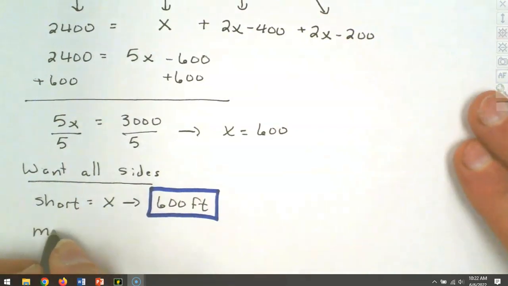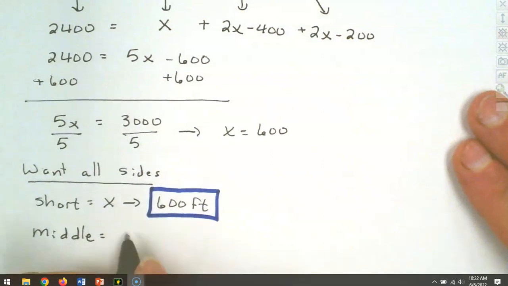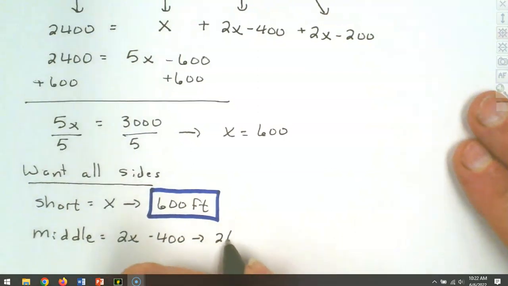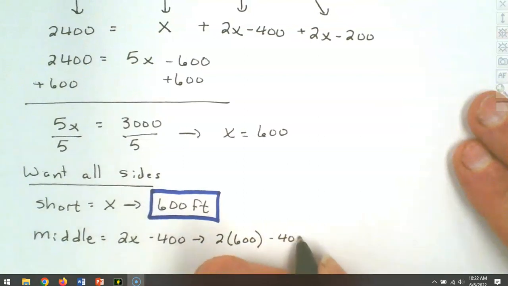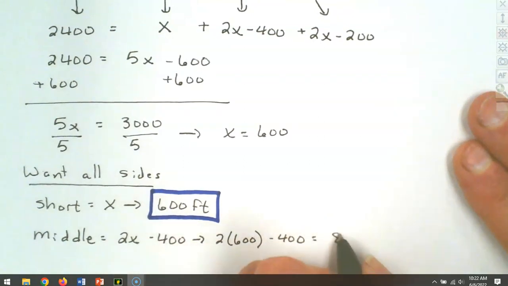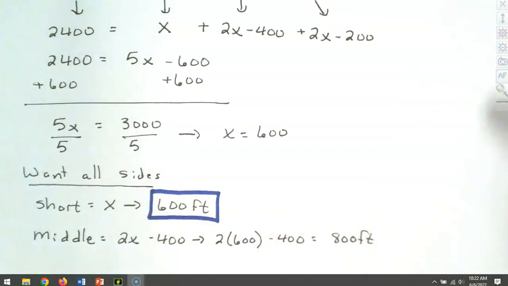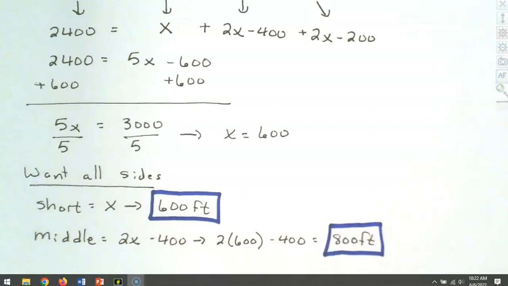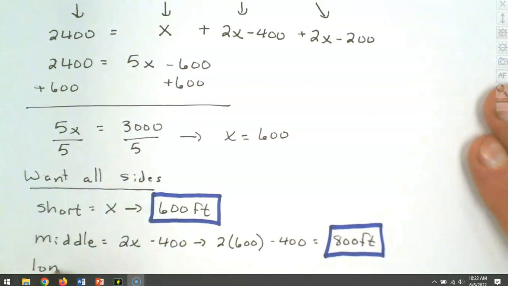Then we've got the middle side. And the middle is 2x minus 400, which is then 2 times 600 minus your 400. And that comes out to be now 800 feet. And finally, the last one, which is the longest side.